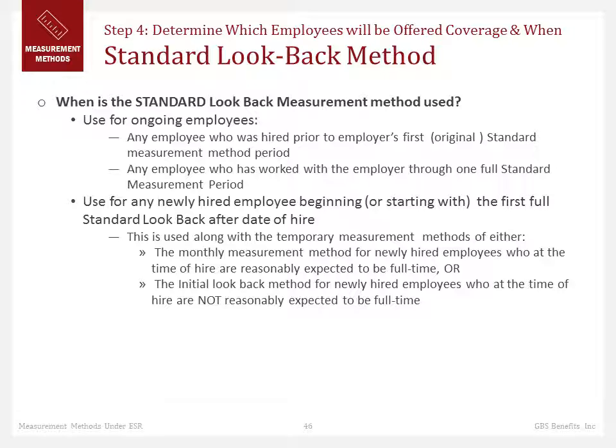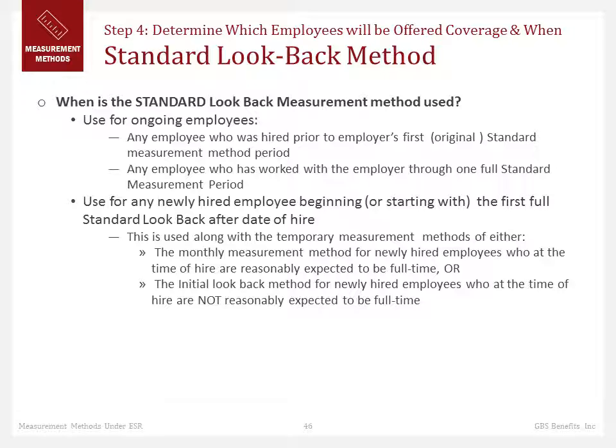Newly hired employees reasonably expected to be full-time at the time of hire go into the monthly temporarily, but then they also at the same time have hours tracked under the standard, starting with the first standard look-back that starts after their date of hire.